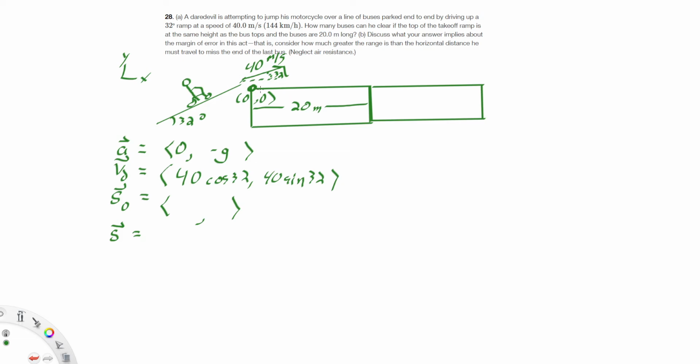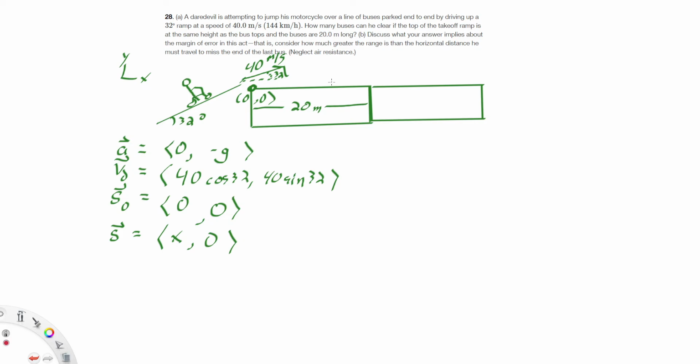Right, let's start this analysis right at the point where he leaves the ramp, at which point his coordinates will be basically 0, 0. And for final position, we don't know where he will be in the x direction, like how far he'll have gone in the x direction.